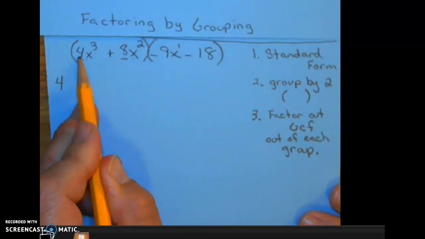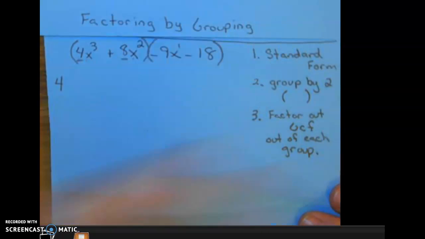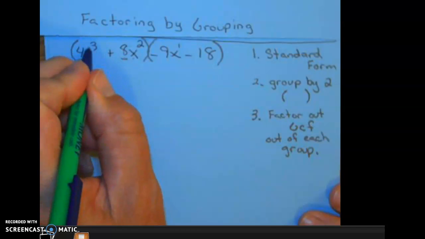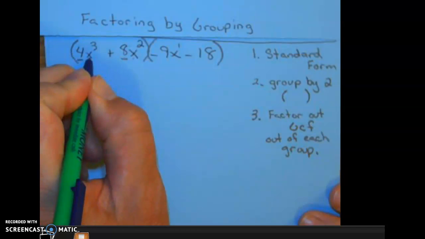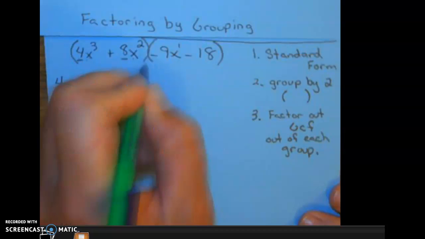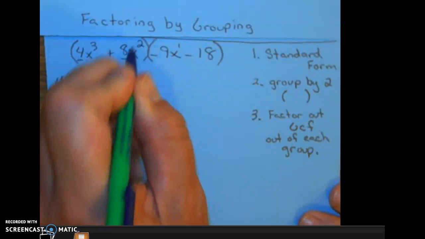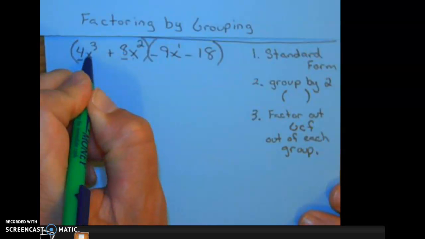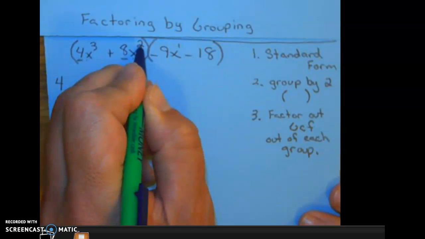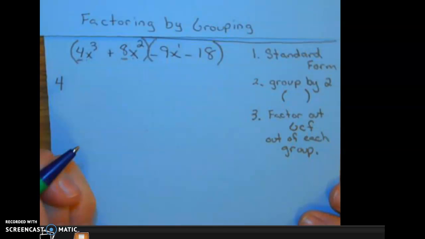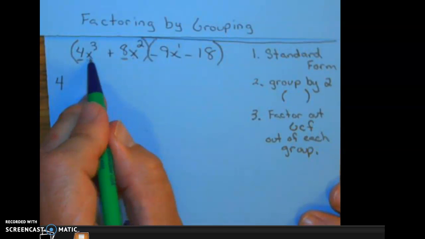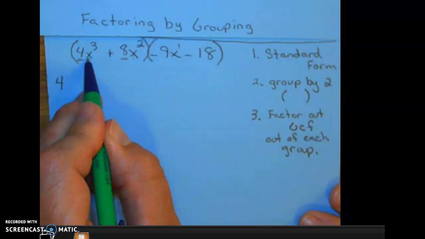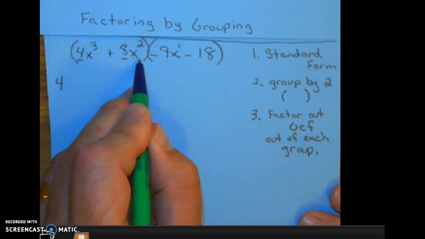Now let's look at the variables next. Here we have 3 x's, and here we have 2 x's. This means x times x times x. This means x times x. When you factor out a variable, you think, how many x's can I take from this, and how many can I take from this?